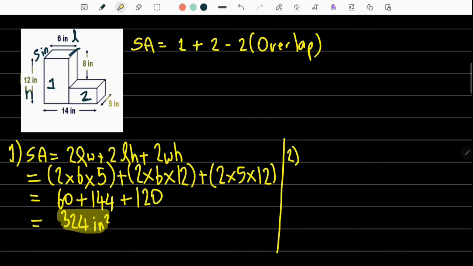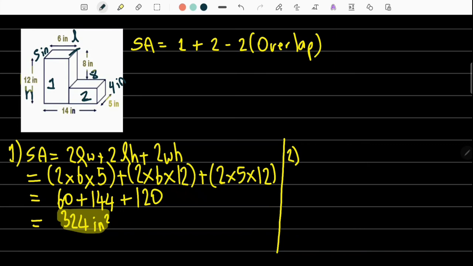So the height of figure number two will be 12 minus 8, which is 4 inches. And the length: the whole length of this figure is 14, and the length of figure 1 is 6. Therefore, 14 minus 6 gives us 8. So this is equal to 8.